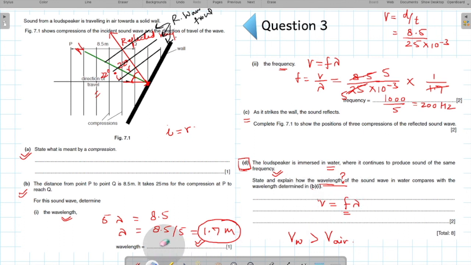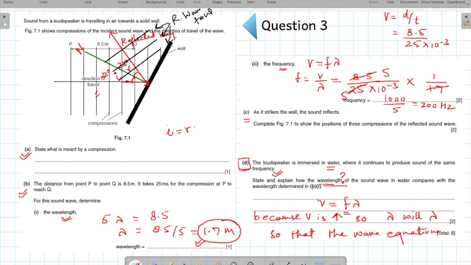Then you say, because V is increasing, let me use an upward arrow, you write it fully, V is increasing, so lambda will increase. So that the wave equation holds true.